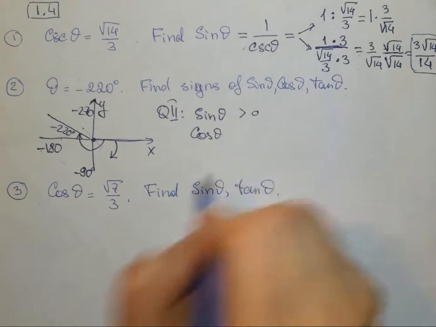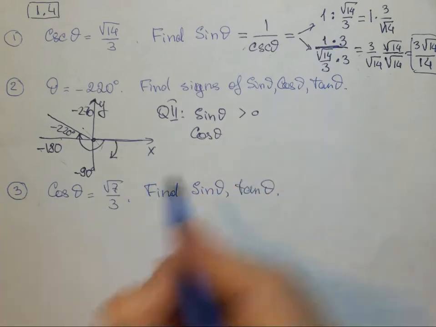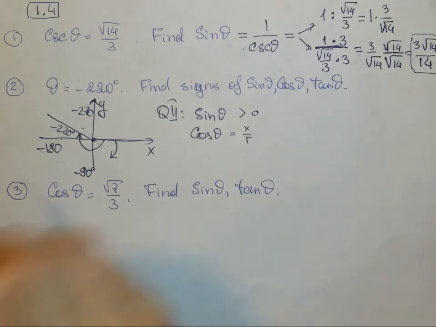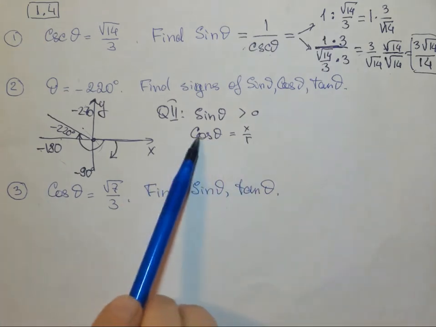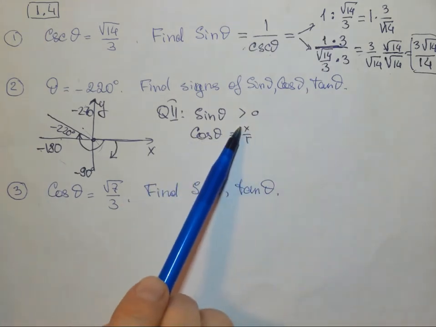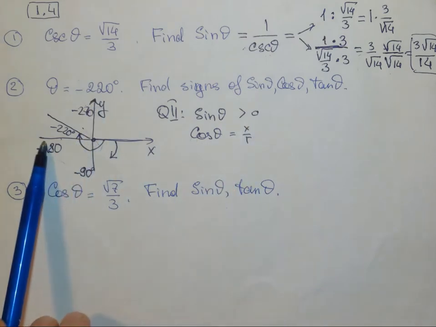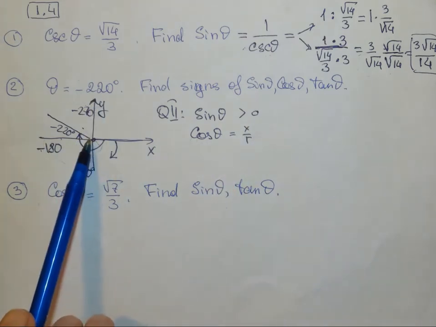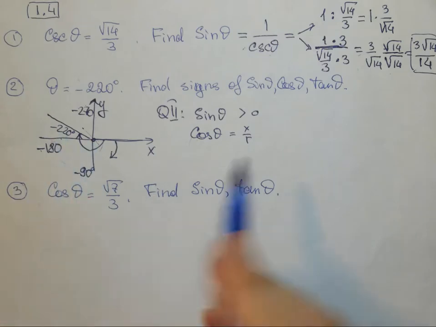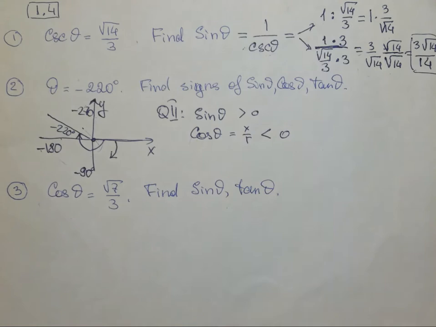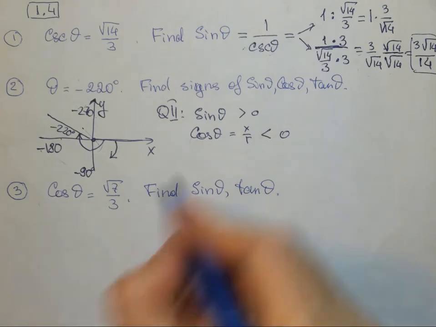Cosine of theta, you remember that cosine is x over r. R is always positive, so the sign of cosine is determined by the sign of x. X is negative to the left of the origin. X is negative means that cosine of theta is also negative.